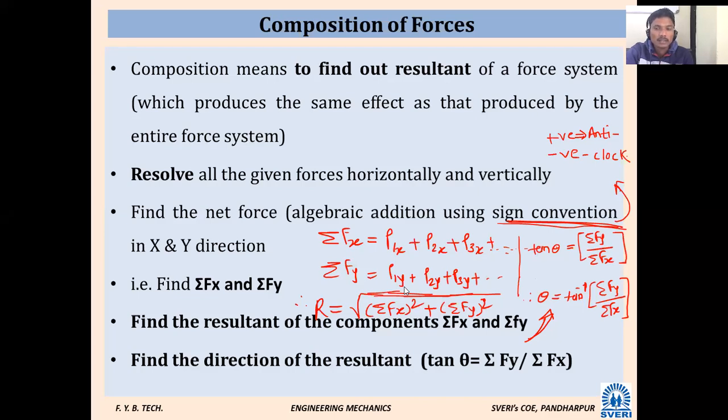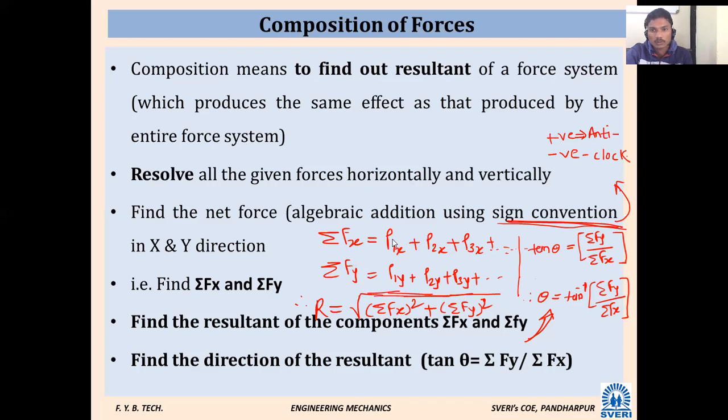We can also find the direction made by the resultant: tan theta is equal to summation Fy divided by summation Fx. So theta is equal to tan inverse of summation Fy divided by summation Fx.